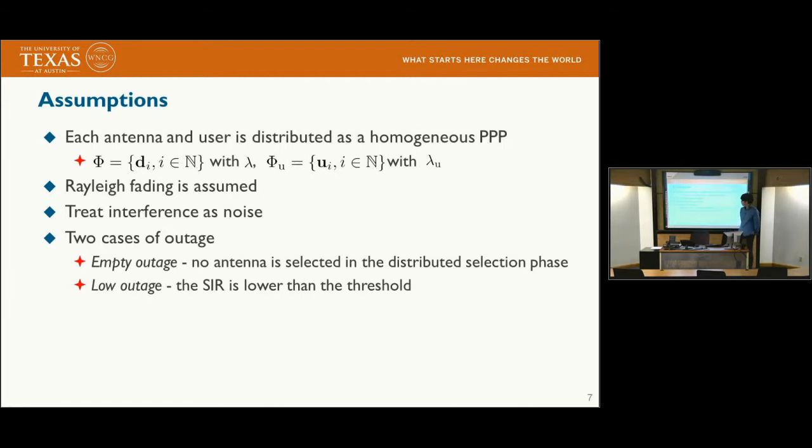Here we consider two cases of outage: the empty outage and the flow outage case. Empty outage means that no antenna is selected in the distributed selection phase, so it is likely to occur when we have too small a selection threshold. The second case, the flow outage, is just a conventional outage event, which occurs when the SIR is lower than our target threshold.